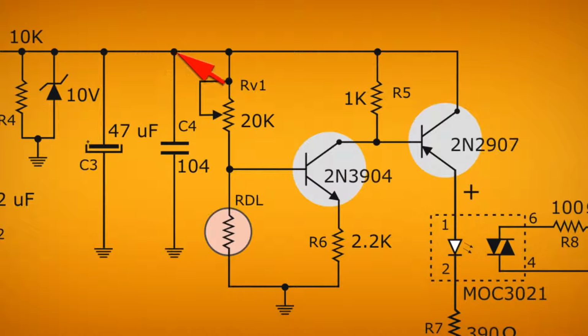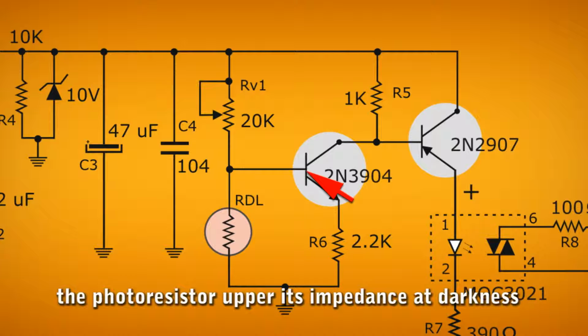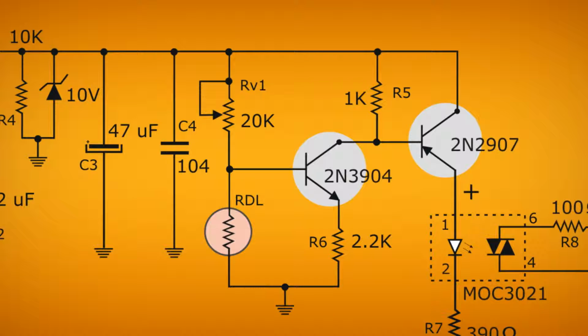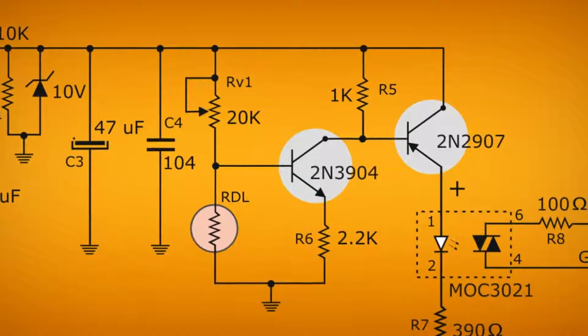When current passes through the resistor, it reaches the center point between the resistor and the LDR. When the LDR receives light, its impedance is low, at 0 ohms, negatively biasing the transistor base. But when the environment is dark, the LDR increases to a very high impedance, restricting the passage of current. At that time, it positively polarizes the base of transistor 2N3904.